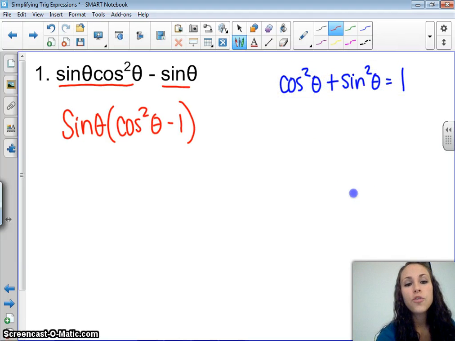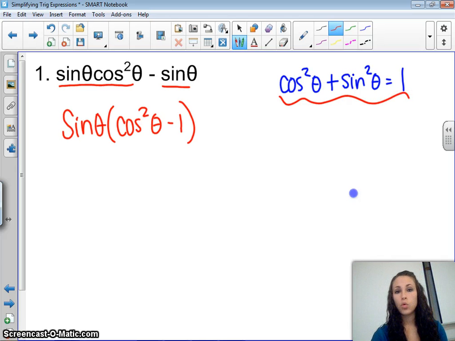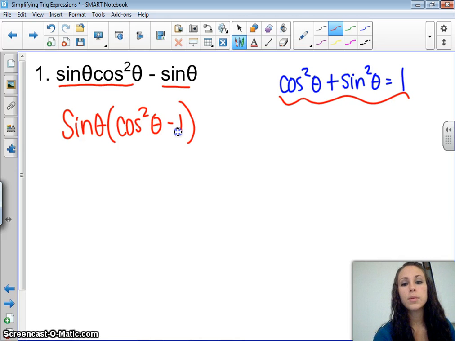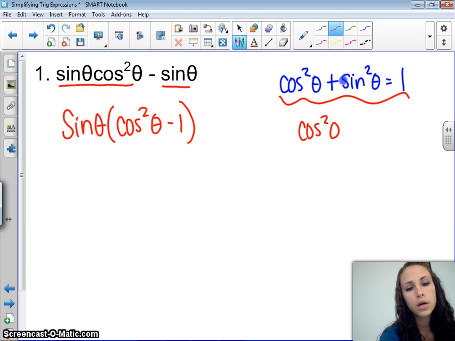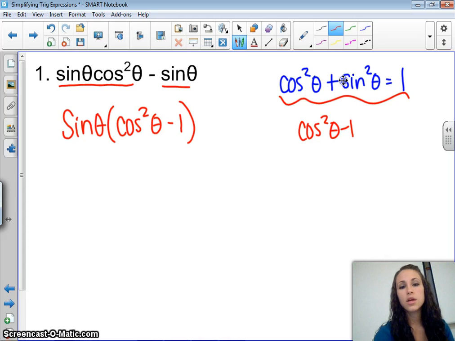Now, any form of this identity will work. What I'm going to do is I need this identity to look like this. I need the cosine squared and the minus 1 to be on the same side. So I need the cosine squared to be positive and the 1 to be negative. In order to make that happen, I would need to subtract this 1 to the other side and make this cosine squared minus 1, and then also take this sine squared and subtract it over here to this side.